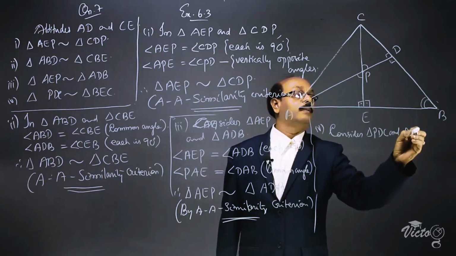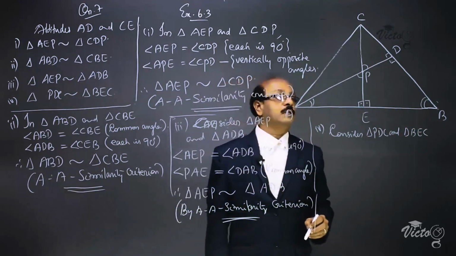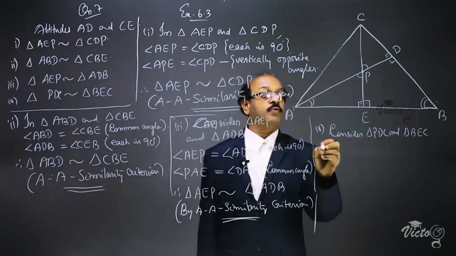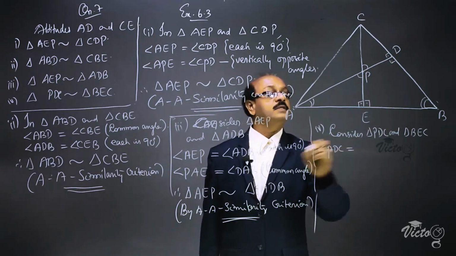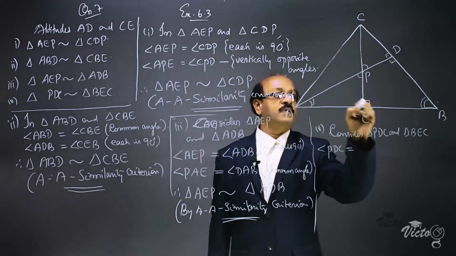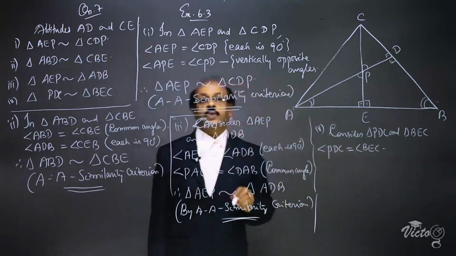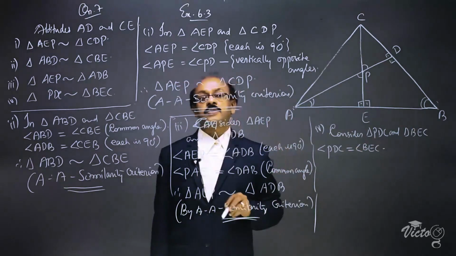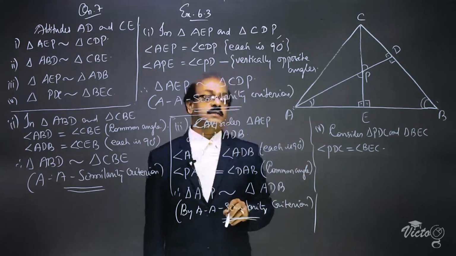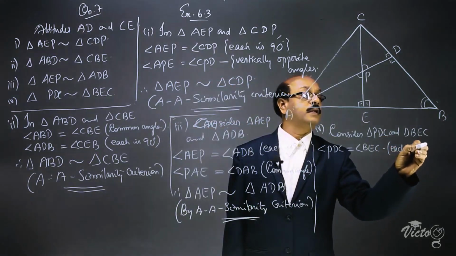Now, in these two triangles, the measure of angle PDC is equal to the measure of angle BEC. Reason, angle PDC is equal to 90 degrees and angle BEC is also equal to 90 degrees. Therefore, both the angles are equal. Each is 90 degrees is the reason.